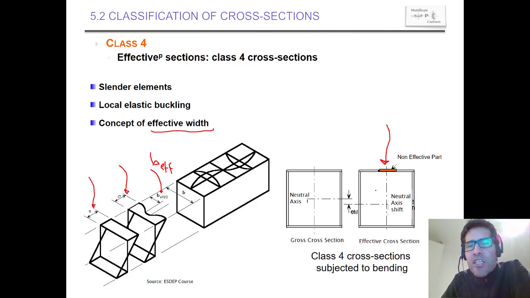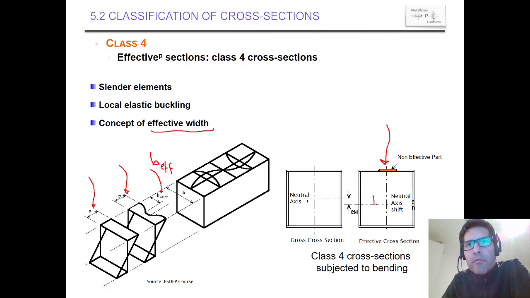If we calculate the geometrical properties of this new section, which is a fictitious section, this is not real, this is only a way of understanding how it works, this section would have less area, and the centroid of this section, the neutral axis, would shift from the original position, which is the gross cross section, to the fictitious position that helps us to calculate the resistance.